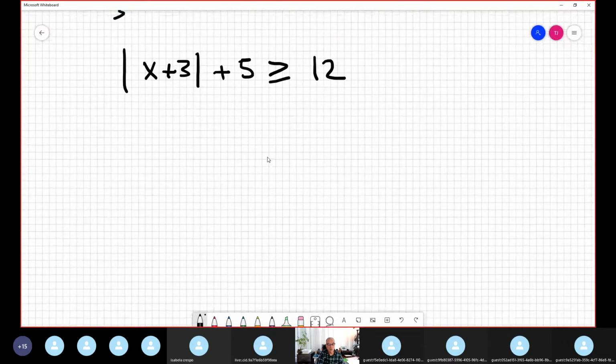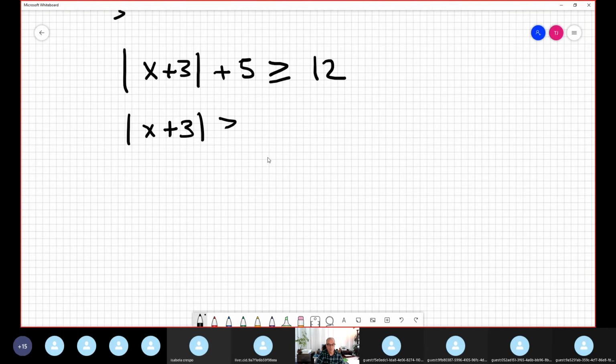Always, when you face a problem with absolute value, isolate the absolute value expression. Boom. Now you convert this to a compound inequality. How?